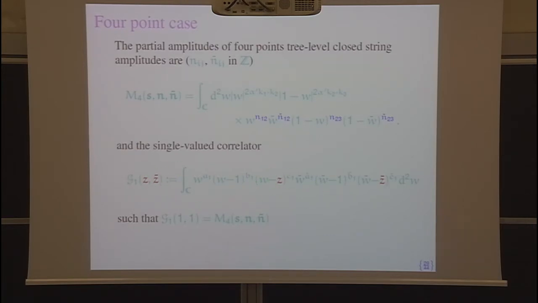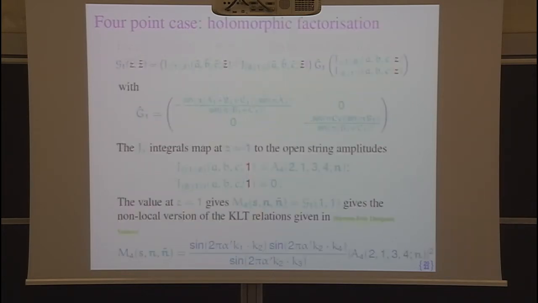But again, with the same logic as I was saying before with the single-valued multiple zetas, you don't care. What you care is that at the end, the space of numbers, the building block for the closed string amplitude, is the same modulo linear combinations.